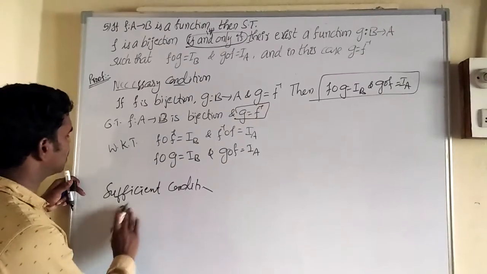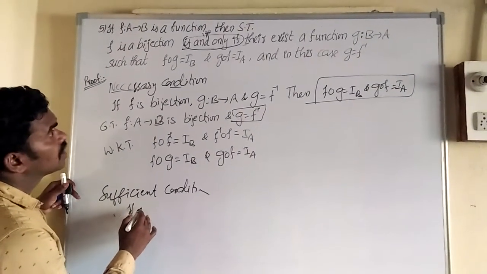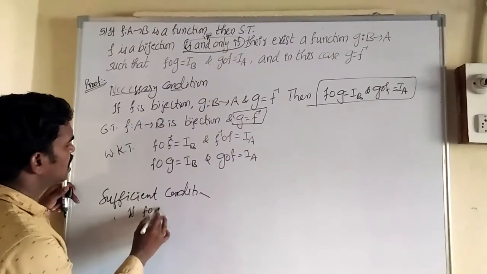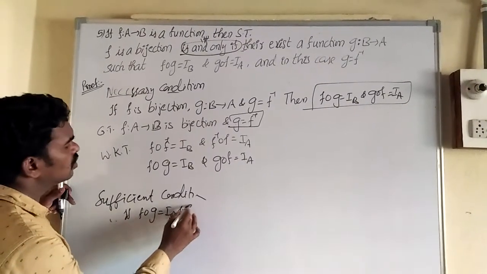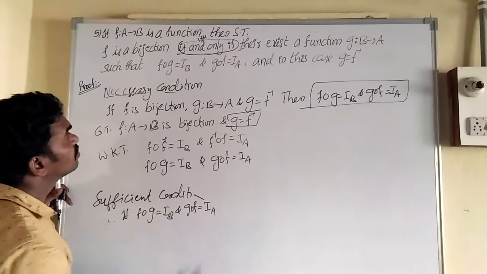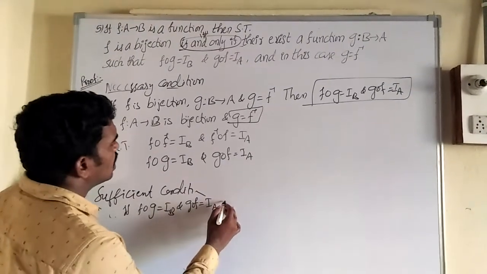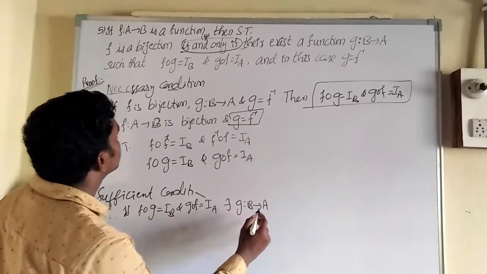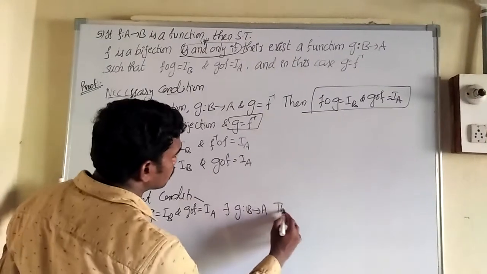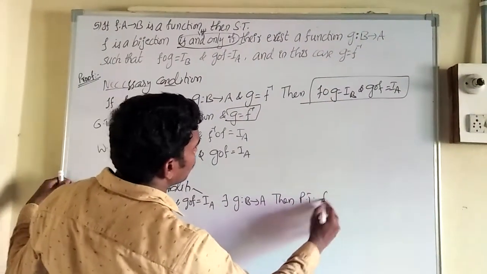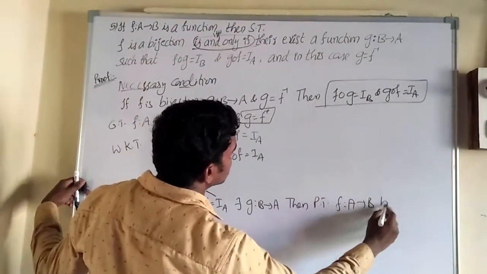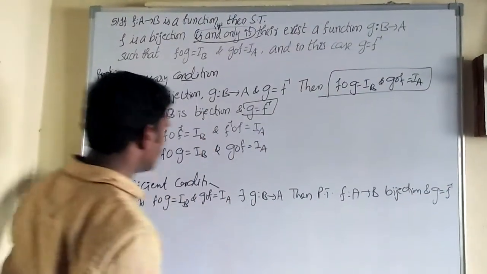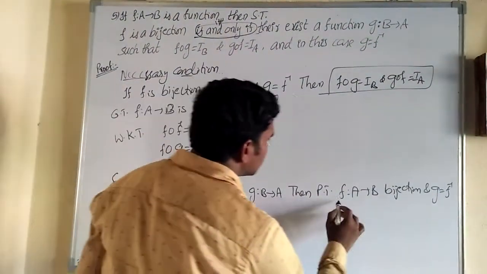Given that f circle g equal to IB and g circle f equal to IA, then there exists a function g maps from B to A. Then prove that f maps from A to B is a bijection and g is called f inverse. So these are the given statements. This we have to prove.